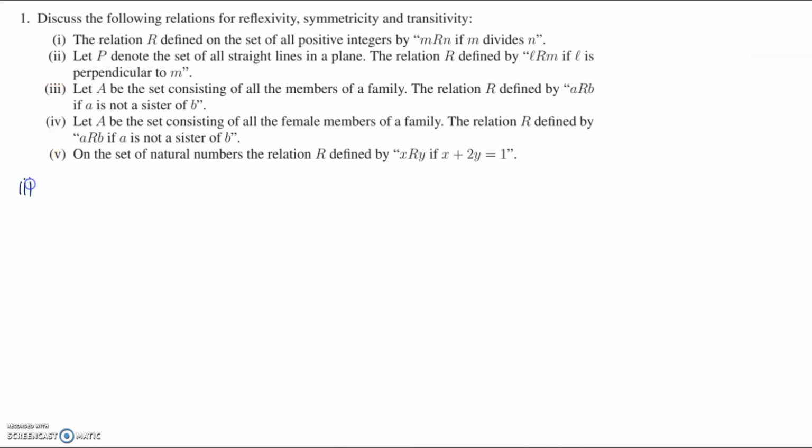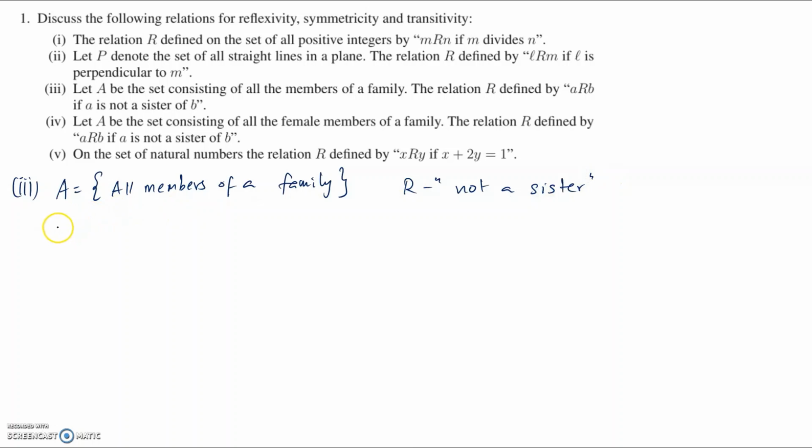Now for question number 3. Let A be a set consisting of all members of a family. So you have the set A, which is equal to all members of a family. The relation R is defined by A related to B if A is not a sister of B. Now let's look at the first case, which is reflexive.